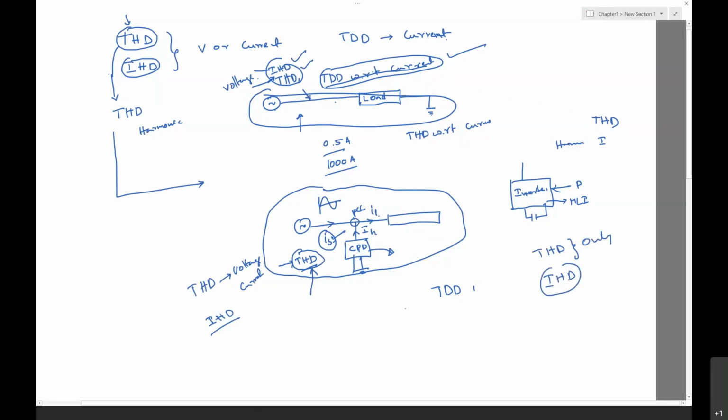Because if you are using a passive filter connection to nullify an individual harmonic, say the third harmonic, and you want to know whether the third harmonic current has been eliminated in the source or not, then going for the individual harmonic distortion is an appropriate solution.